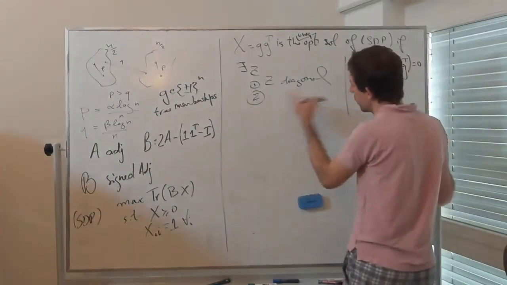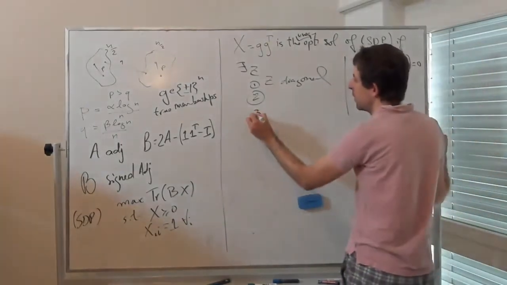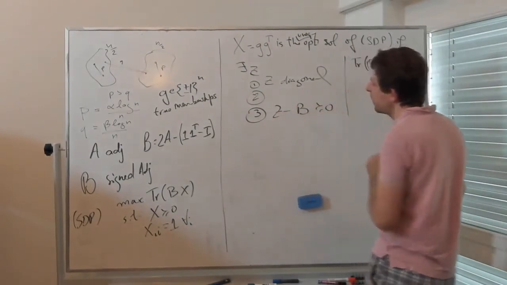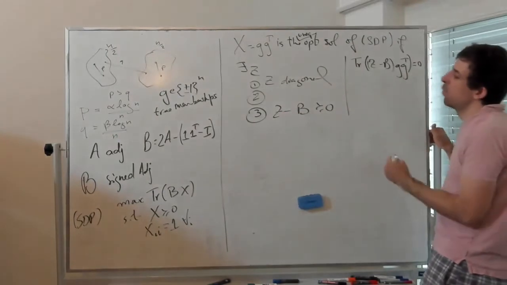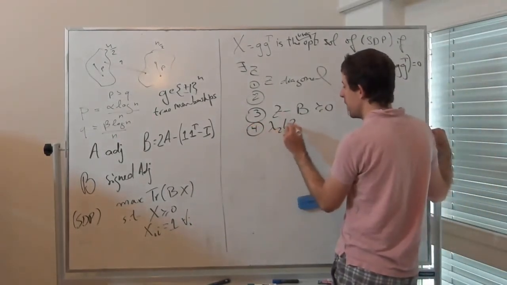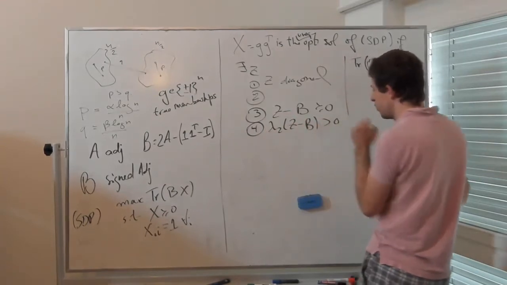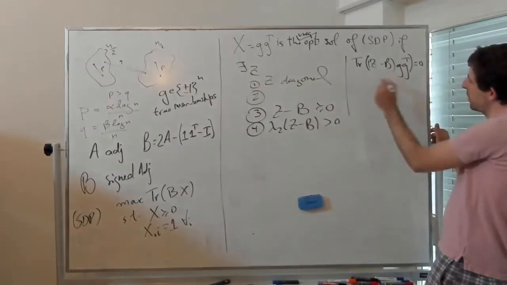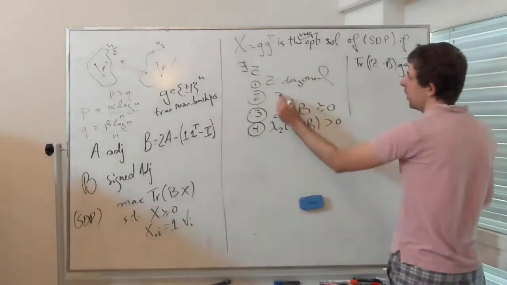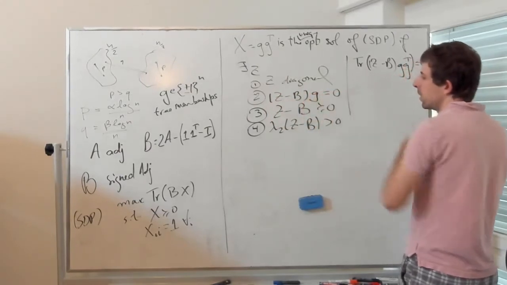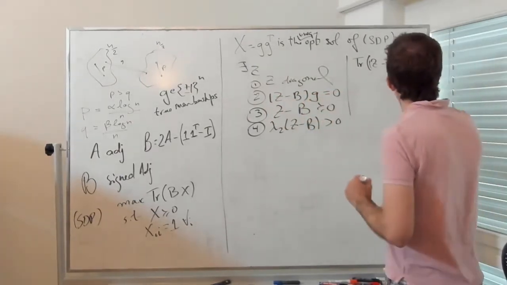Three, Z minus B has to be positive semi-definite, and you can only have one thing in its kernel, which means the second smallest eigenvalue needs to be strictly positive. If this matrix is positive semi-definite, then the only way this happens is if g is in the kernel of Z minus B. So we had these conditions.